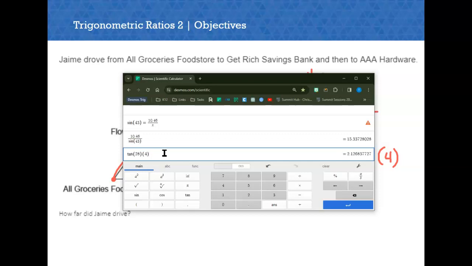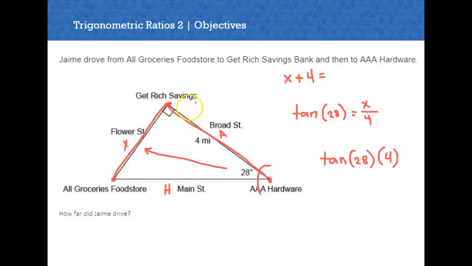Either one will work. And I find that it's 2.12 miles. So now I see that from All Groceries food store to Get Rich Savings is 2.12 miles. Now I can add 2.12 plus 4, and I see that Jamie traveled 6.12 miles.